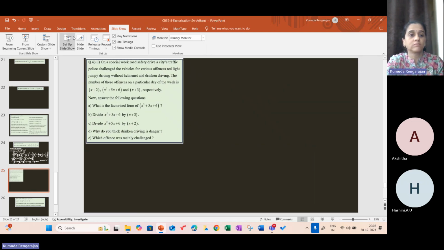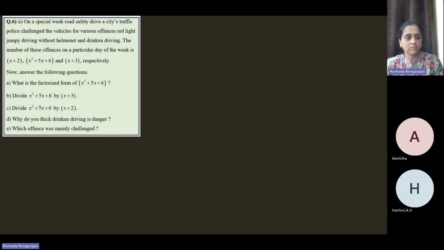Then we have to use x square plus 5x plus 6 by x plus 3.